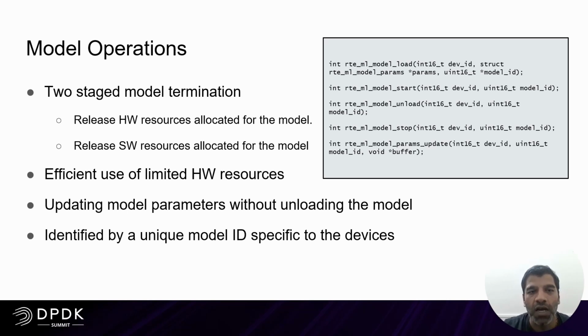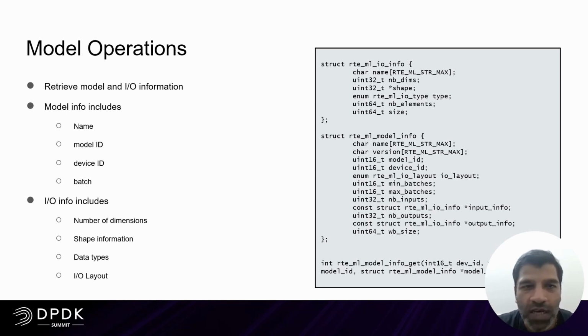Now, each model that is loaded is mapped to a specific device and is identified by a model ID. This model ID is unique for a given device. The model ID can be the same for different models mapped to different devices. The specification provides APIs to retrieve the model and input-output information of any model that has already been loaded on a device.